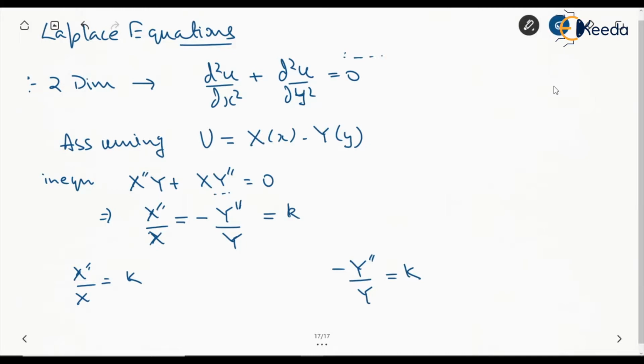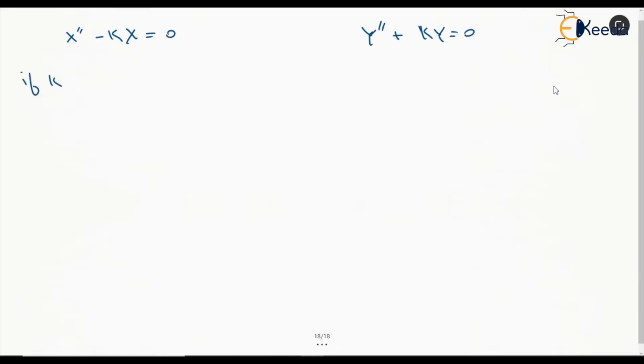So we can proceed with different possibilities of k in this case. This can also be given as X'' minus kX equal to 0, and this one will be Y'' plus kY equal to 0. So let's say if k is positive, that is k equal to p square.